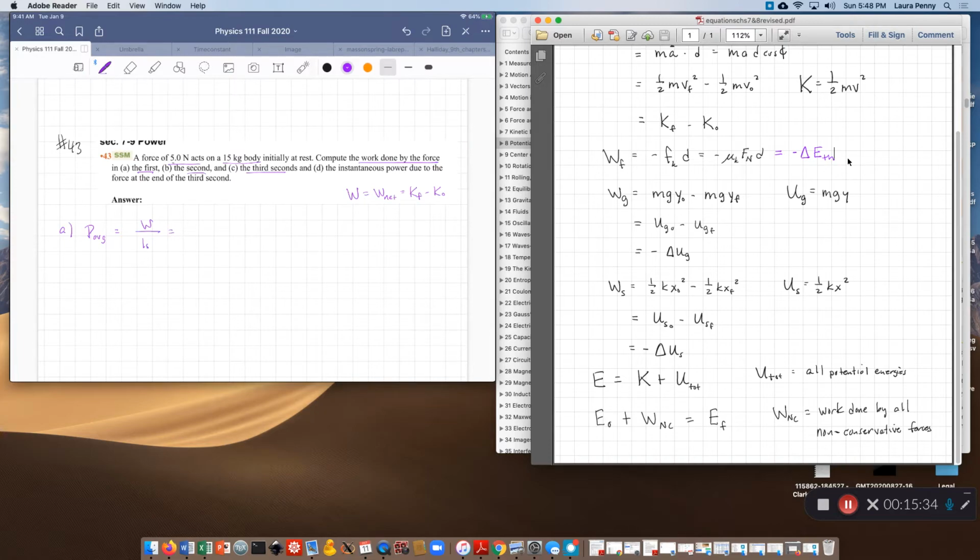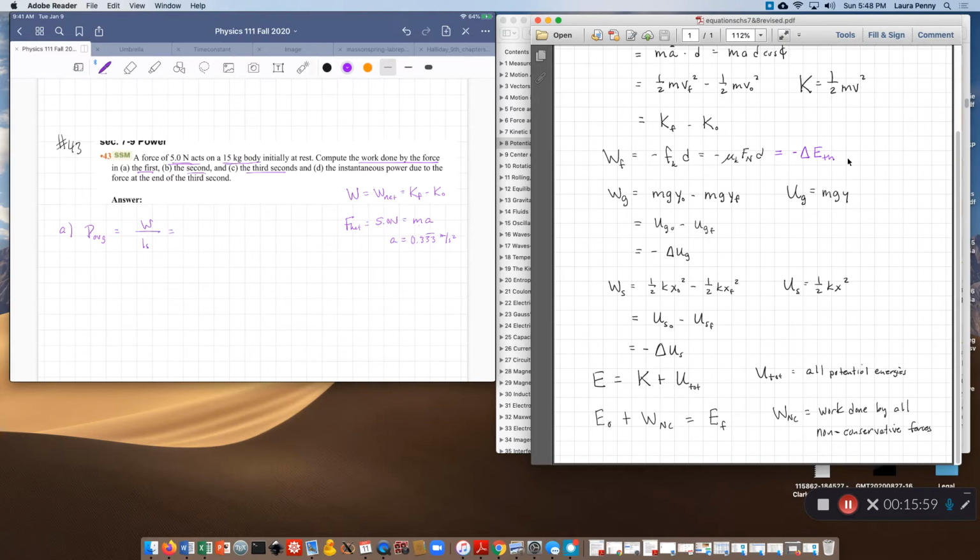If we have a 5 newton force and a 15 kilogram body, and our F net is the 5 newtons, that equals ma. So a, and our mass is 15, this is just 1/3 meter per second squared. That's our acceleration.